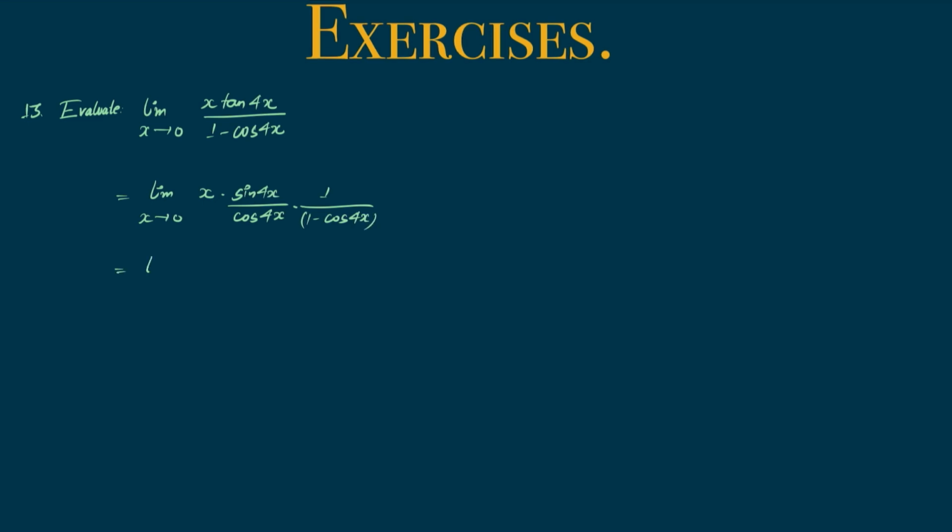So now here it will be limit x tends to 0 x into, can I write this sin 4x as sin 2 into 2x? Yes, because that is 4x only, whole divided by cos of 4x into 1 by, now again here we will use the multiple angles.